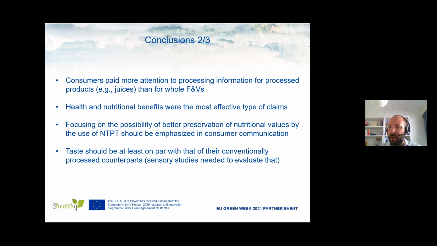So it's very important that the flavor, the sensory quality of the fruit and vegetables treated with non-thermal processing methods is at least on par with their conventionally processed counterparts. And this is, of course, a very important part of the continuing work that we do in SHEALTHY. So sensory studies are needed to make sure that that is the case.